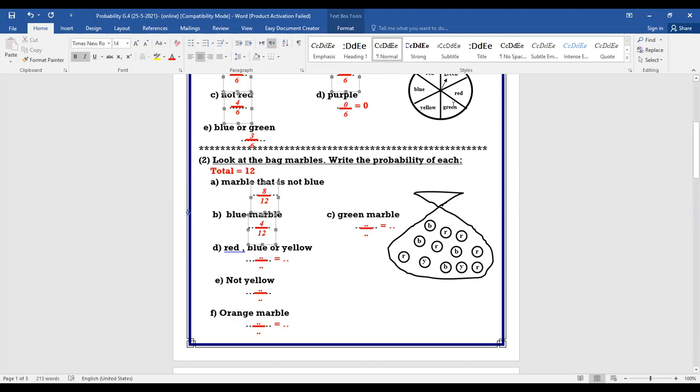Ibrahim. Probability of green marble. How many green marbles do you have here? Yes, in this bag. How many green?